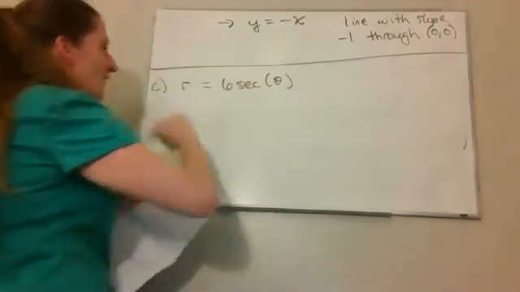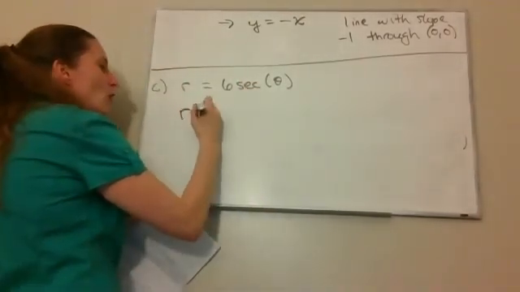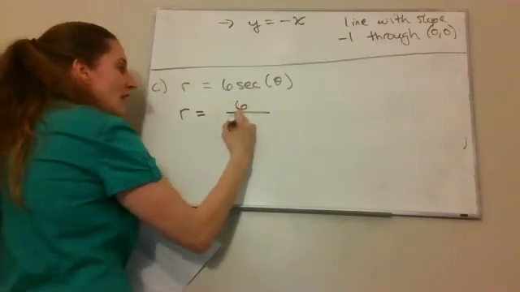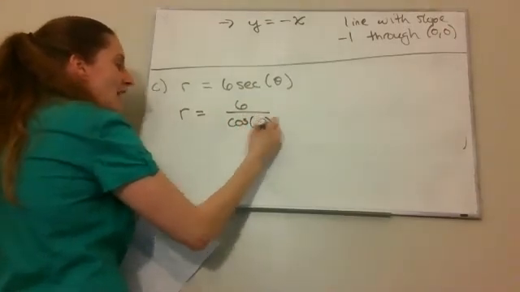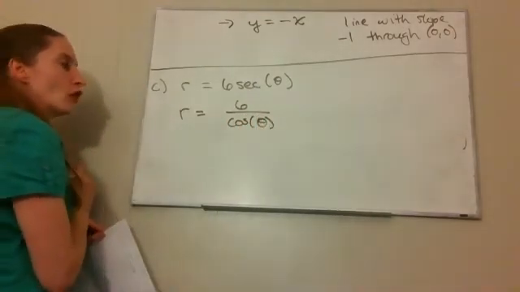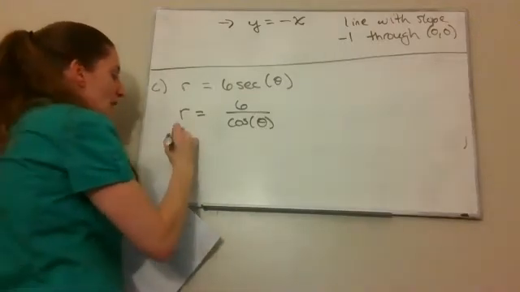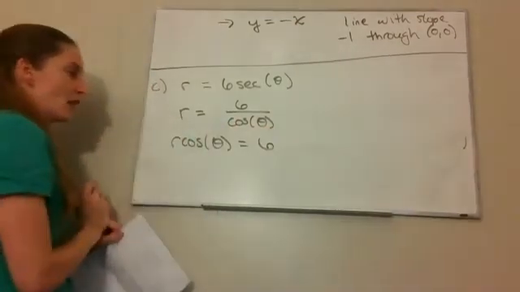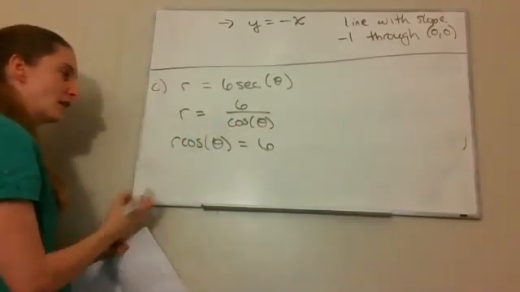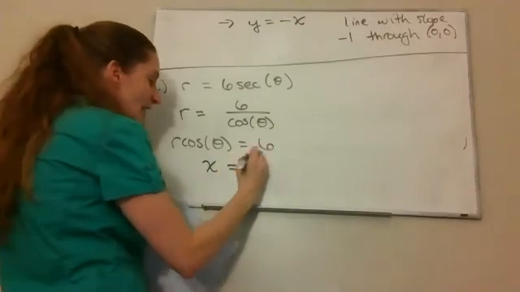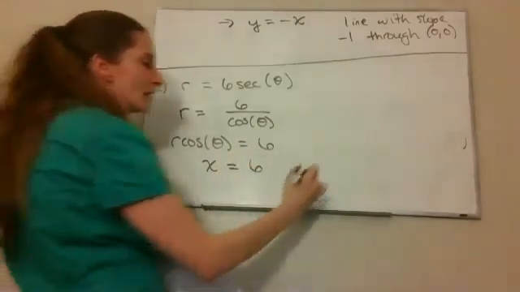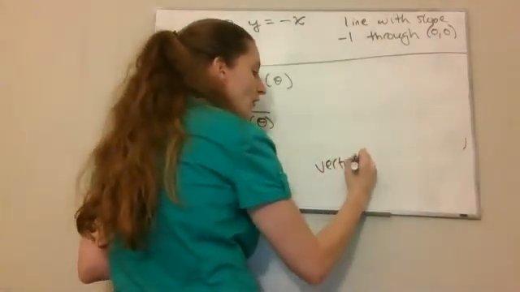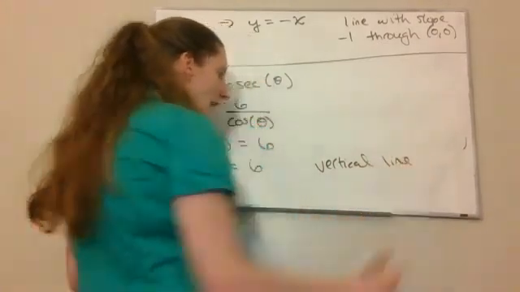Now, secant of theta, that's the same thing as 1 over cosine of theta. So I can write this as r equals 6 over cosine theta. Now I can multiply both sides by cosine theta, get r cosine theta equals 6, but r cosine theta is x. So I get x equals 6. And we have a vertical line from that particular graph.